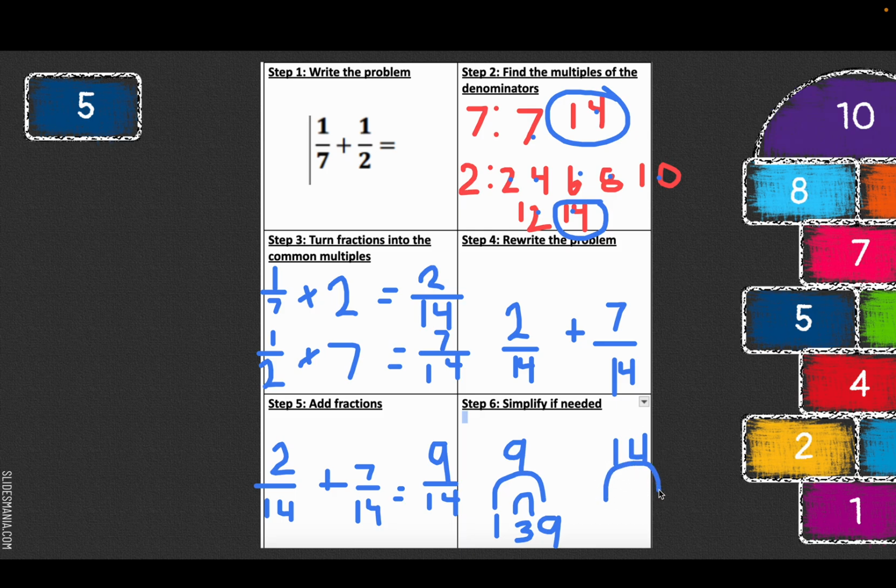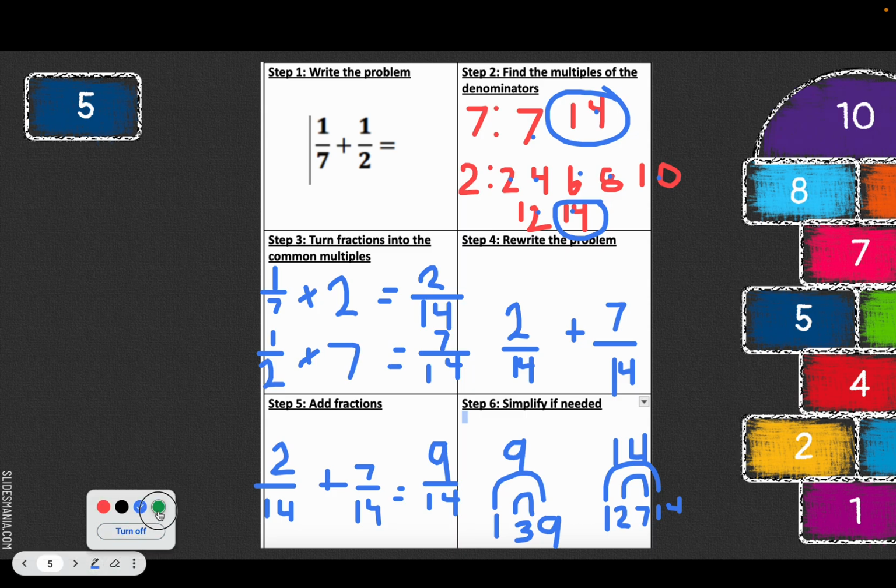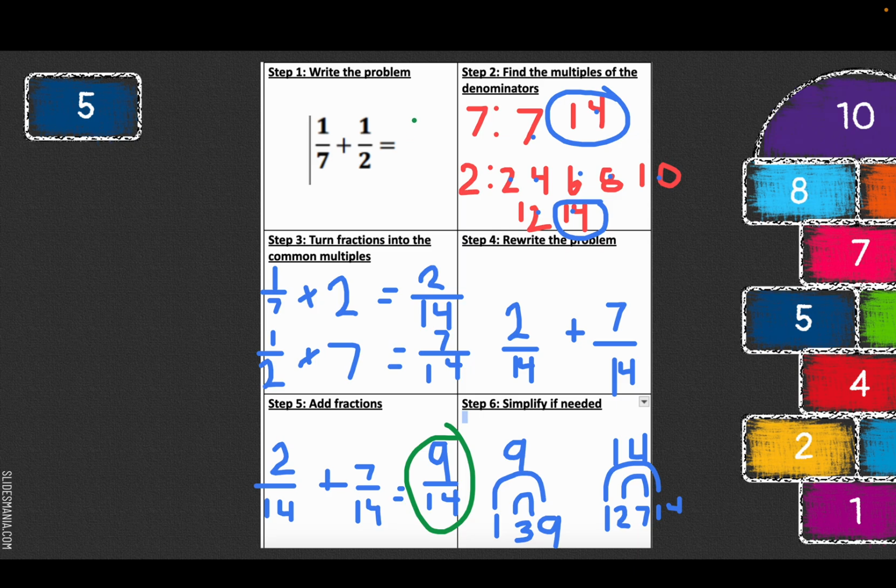So we have 1 and 14. 14 is an even number, so that means 2 is going to go into it, and that would be 2 times 7. Is there a matching number down here that matches over here that is not 1? No. So that means that 9/14 is simplified.